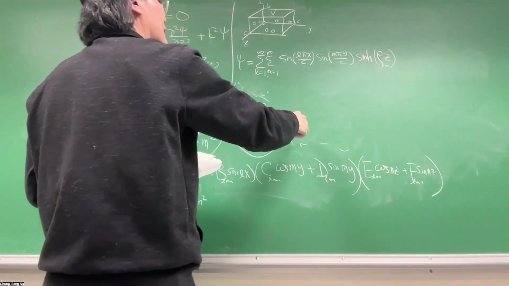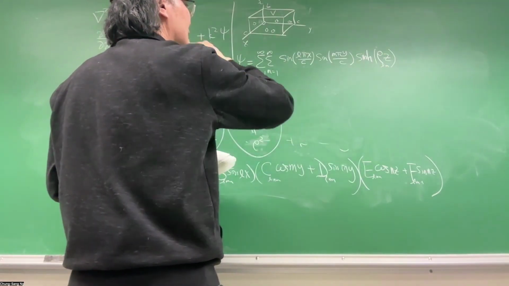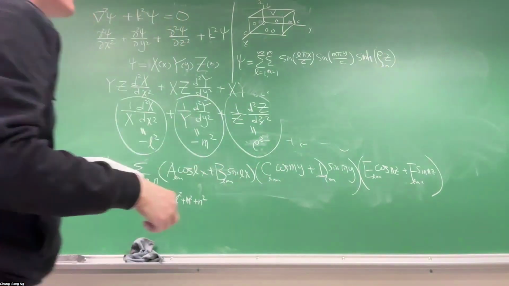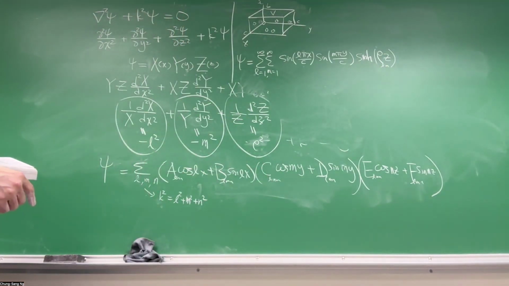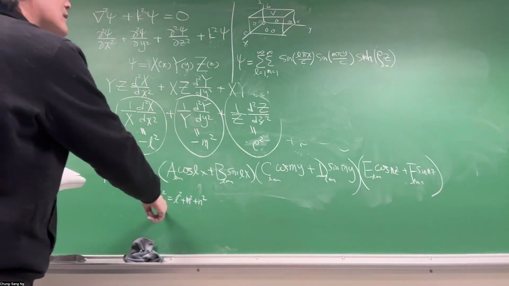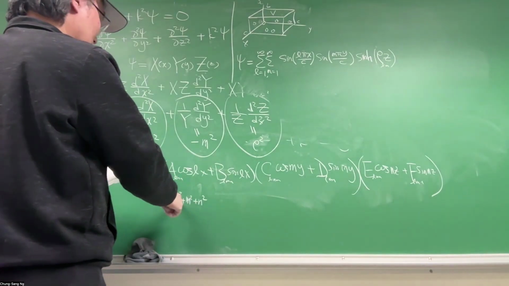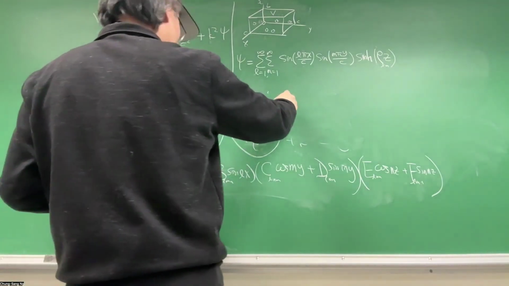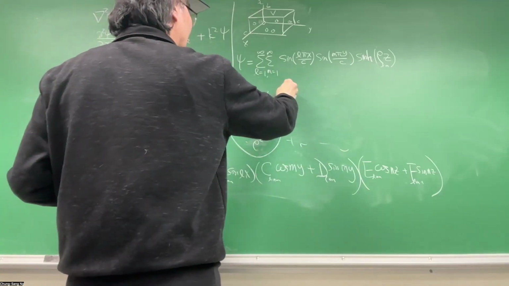And then the condition to be satisfied is that this N squared becomes a minus rho squared.